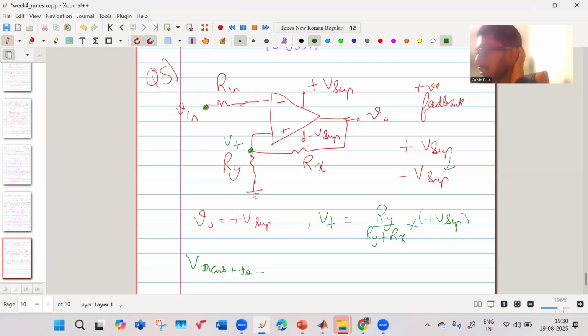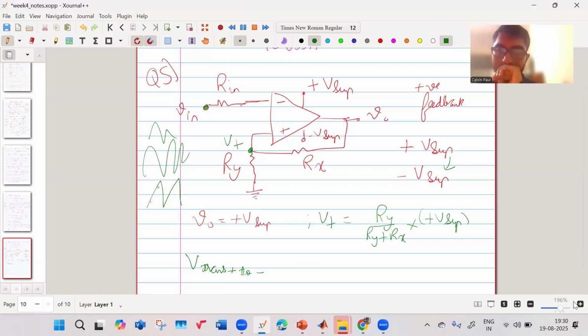And at that time, you remember your V plus is equal to Ry upon Ry plus Rx into plus V supply. So what should happen? Suppose your input is changing, it could be a ramp, a sawtooth, anything. But at some particular voltage, it will transition from plus V supply to minus V supply. What do you think?